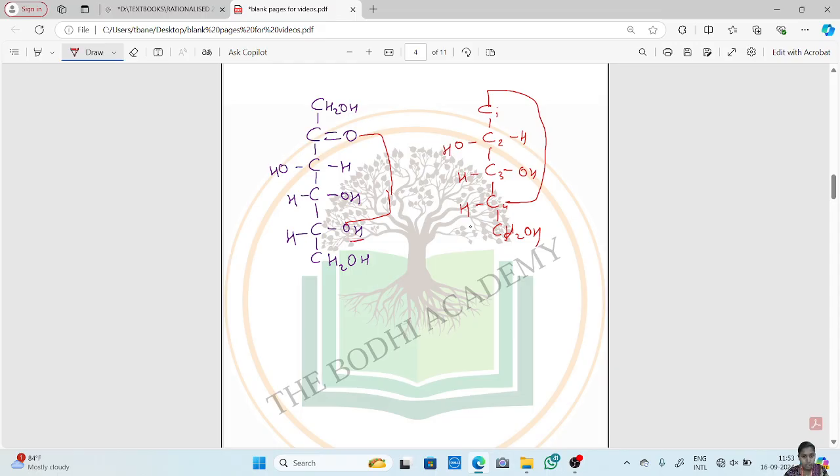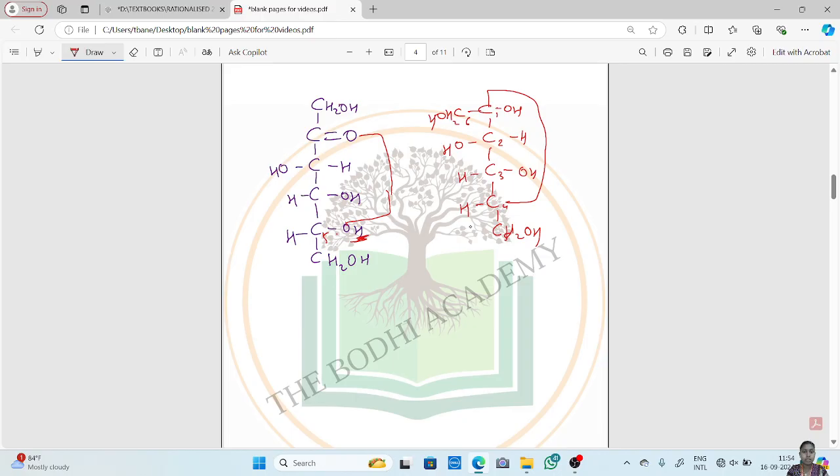Now the H from the OH group of the 5th carbon will bind with the oxygen of the ketonic group. So here you will have an OH and this CH2OH will come here. This is the 6th carbon. So this is the cyclic structure of fructose that is formed.